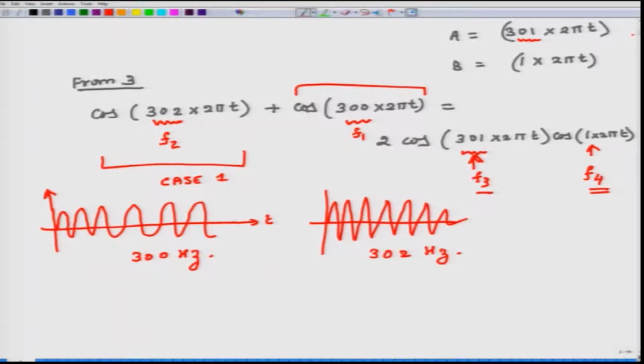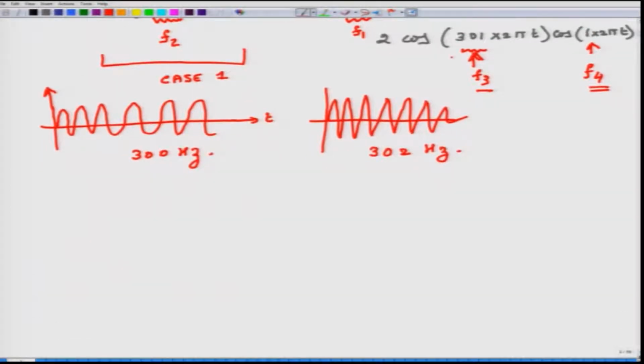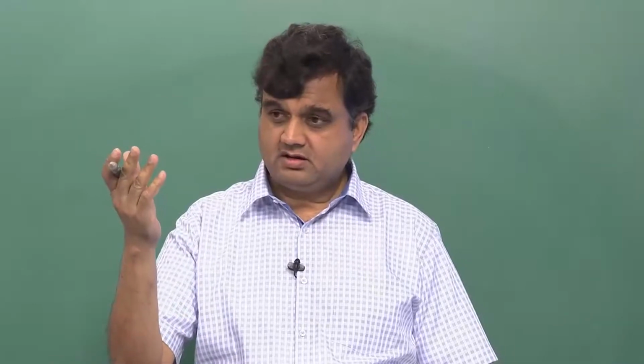Now, when I play the two sound files together, mathematically I can also show this. So, this is case 1, this is case 2, and because this is 300 and this is 302, for our ear it is not significantly different.